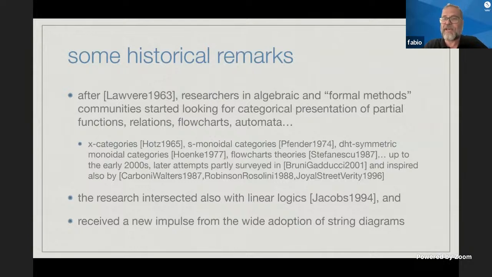There have been a lot of works. Most of them have been forgotten and rediscovered along the years. From the mid-60s, there is the work of Ox, for example, on X categories, S-monoidal categories by Fender, and symmetric monoidal categories by Hotz and his group in 77, flowchart theories and so on. Part of this is surveyed in the paper by Selinger of some years ago.